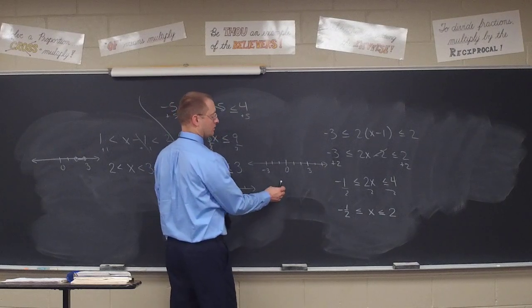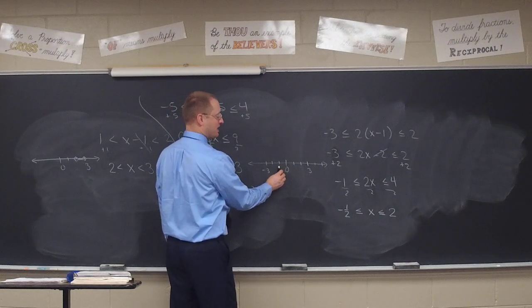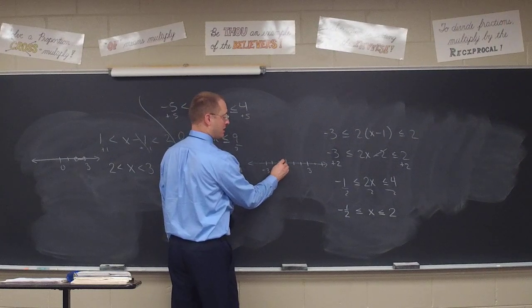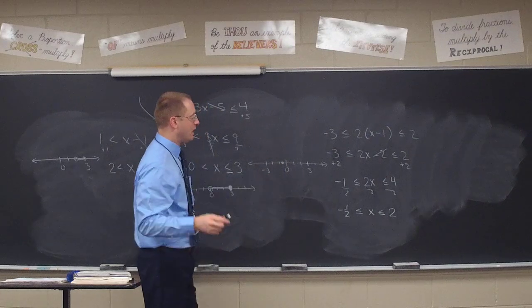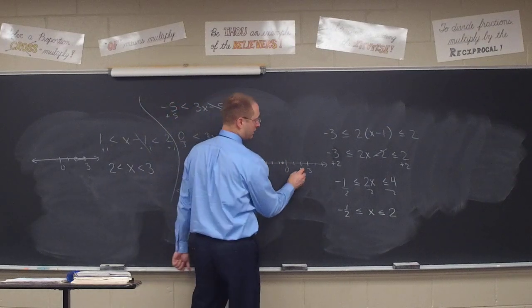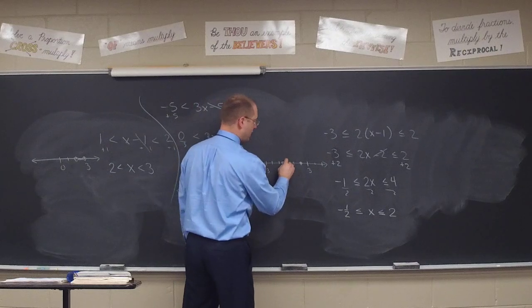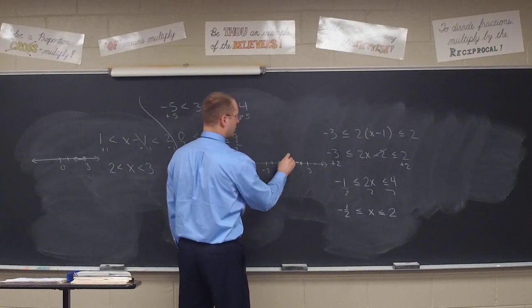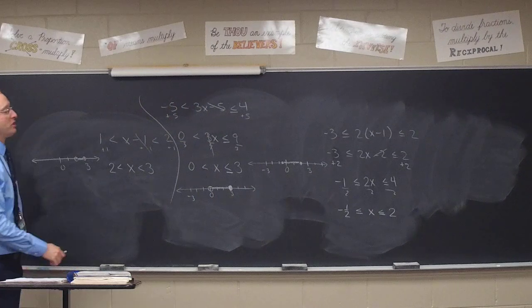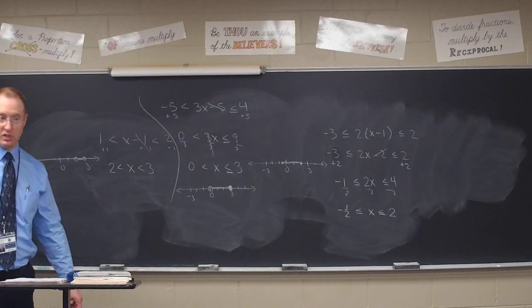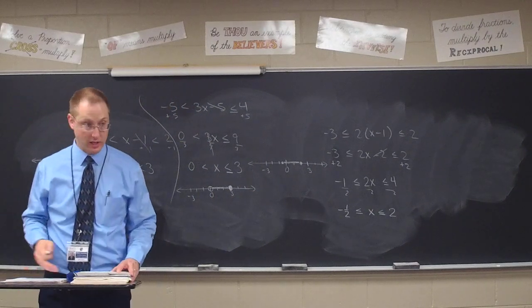Between the -1 and 0. So right here, and it's going to be a solid dot this time, isn't it? So a solid dot right in between there. The other solid dot goes on 2, because they're both or equal to. So then we just shade in between, darken that segment in between those dots. And there we go. Do we remember doing this yesterday? Any questions at all on this?